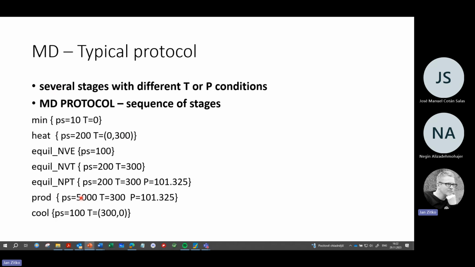Usually the trajectories are saved, for example, at a rate of each picosecond. So that's a huge amount of frames which have to be saved, and the trajectories are usually then hundreds of megabytes or even gigabytes. So these simulations are quite extensive for the disk space. All right.